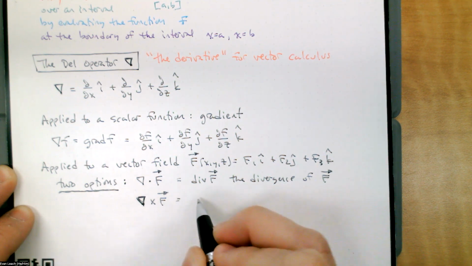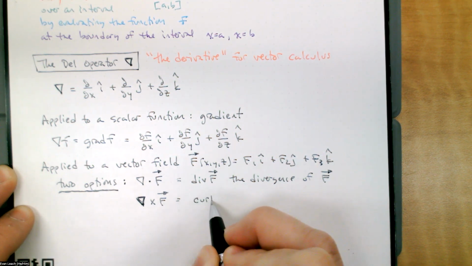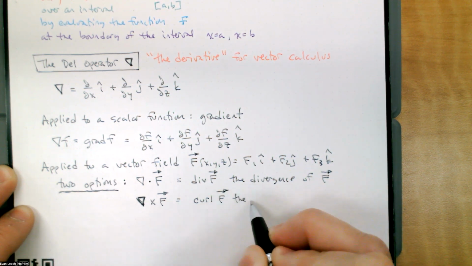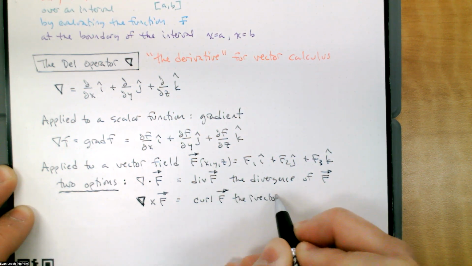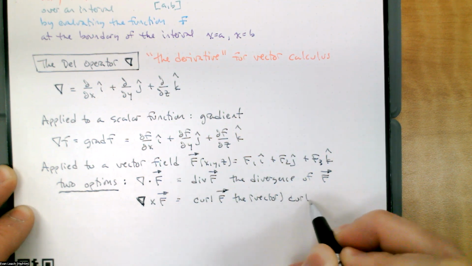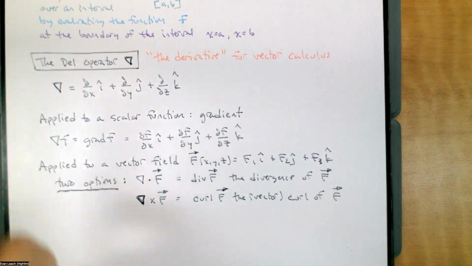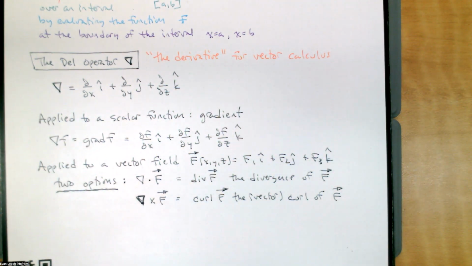And del cross f is the curl of f. Specifically, the vector curl of f. And it makes sense that it's the vector curl of f because it's a cross product. The output from a cross product is going to be a vector, perpendicular to the operator and the function.